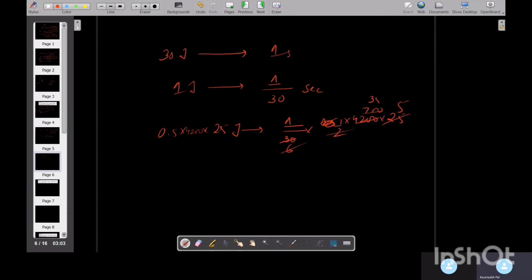So here write 350, and 5 zeros are 0, 5 5 25, and this is how much? 1750 seconds. Okay, now if you divide 1750 by 60, you will get it in minutes. If you further divide it by 60, you will get it in hours. Okay, so this is how you will solve the sum.